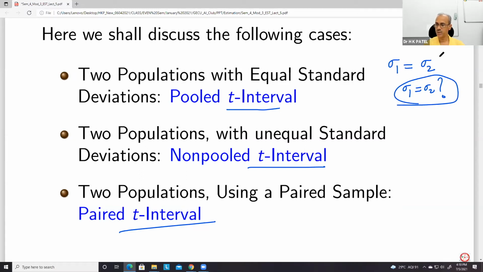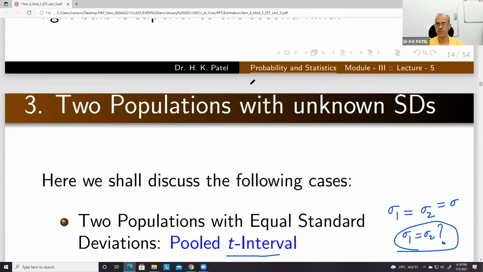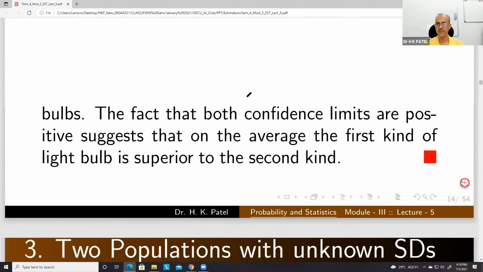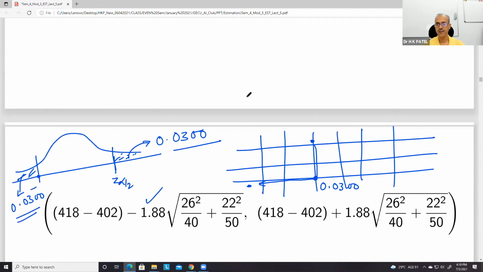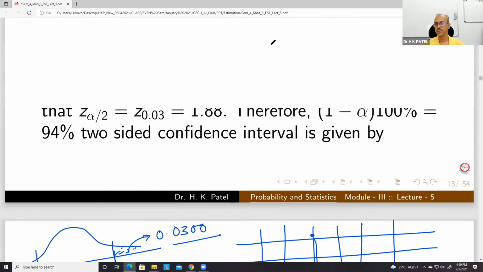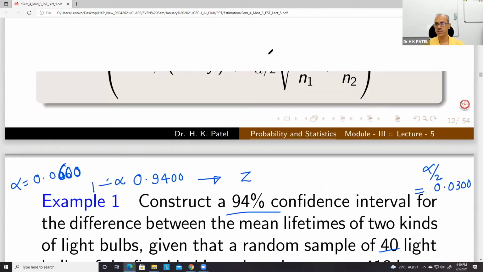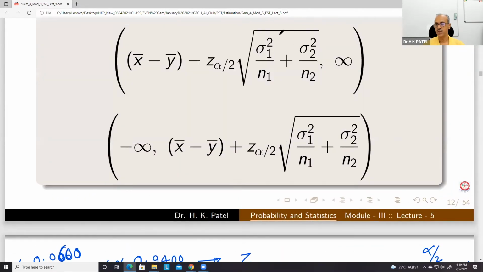So let us assume that it is equal to sigma. If it is equal to sigma, then you can take the sigma outside the square root sign here. Sigma 1 square and sigma 2 square are both sigma square, so inside the square root we will have only 1 by n1 plus 1 by n2.